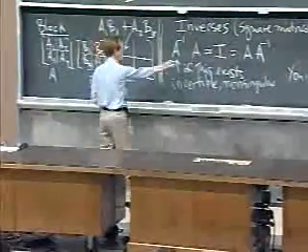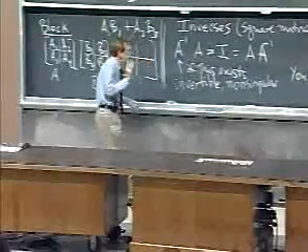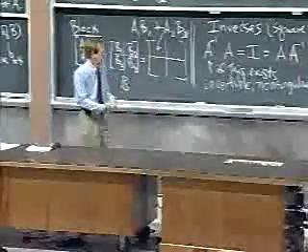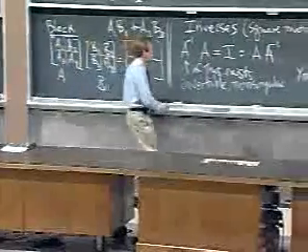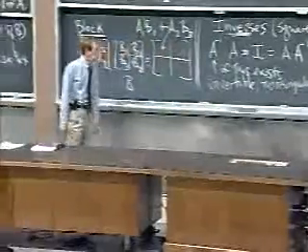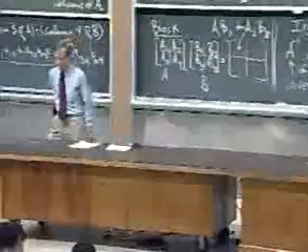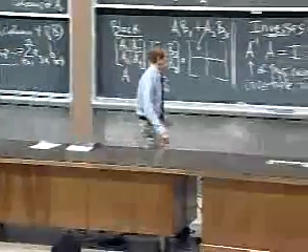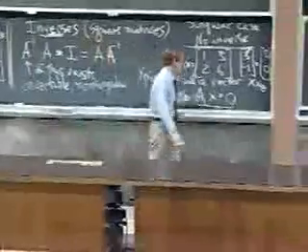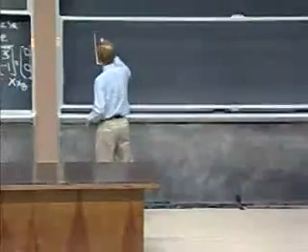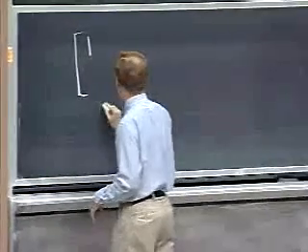Back to the positive side. Let's take a matrix that does have an inverse. And why not invert it? So let me take, on this third board, a matrix. Tell me a matrix that has got an inverse.